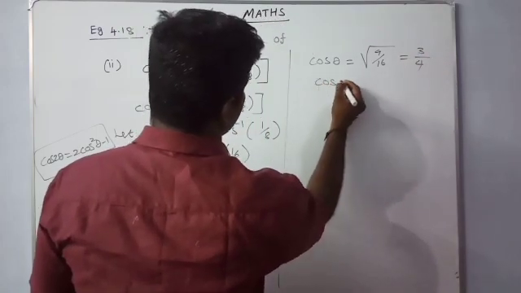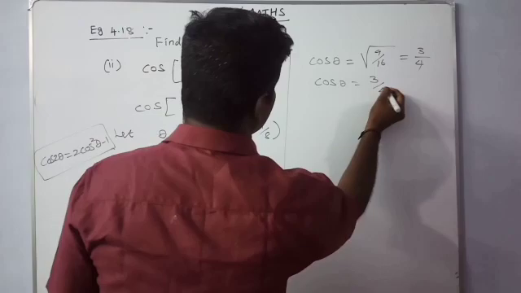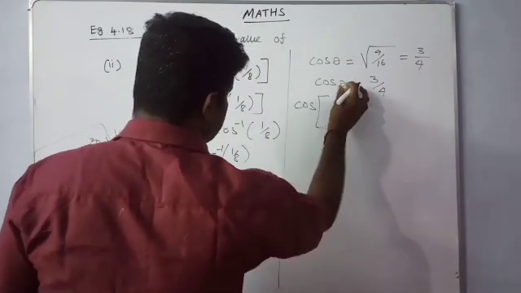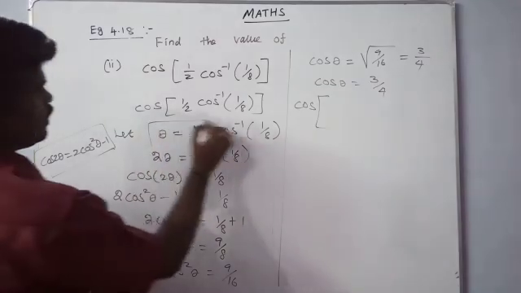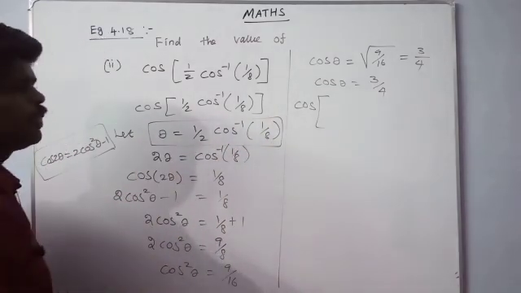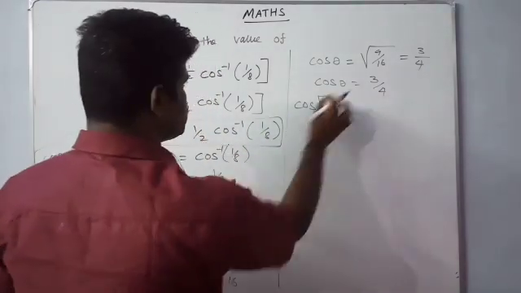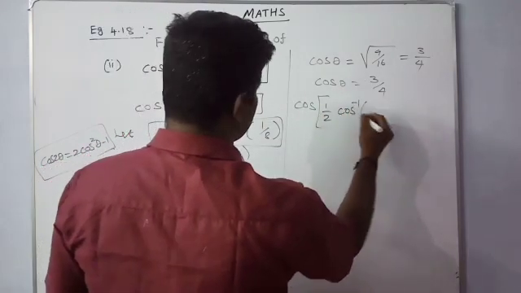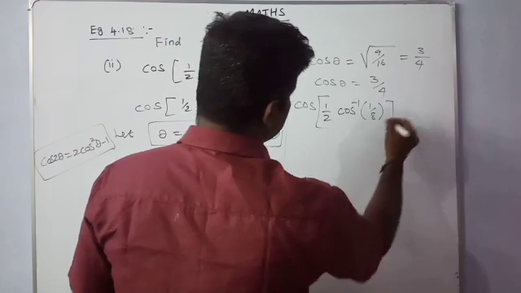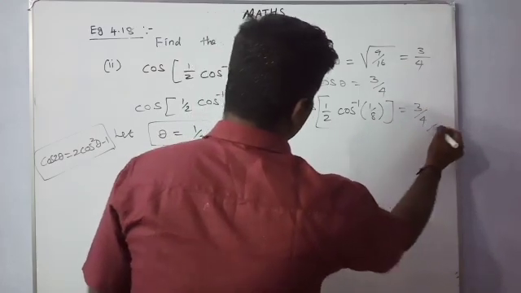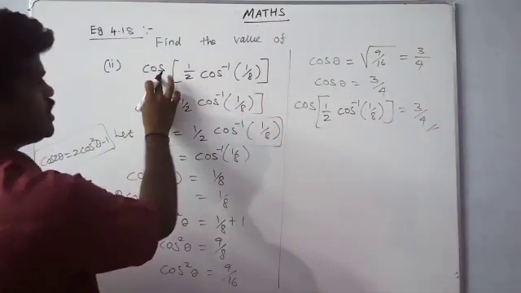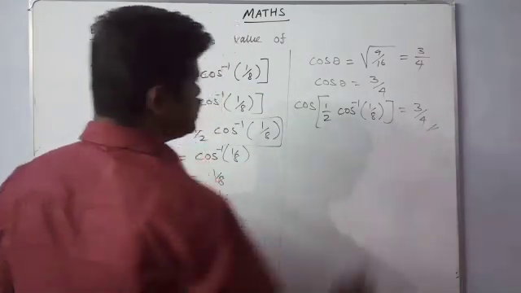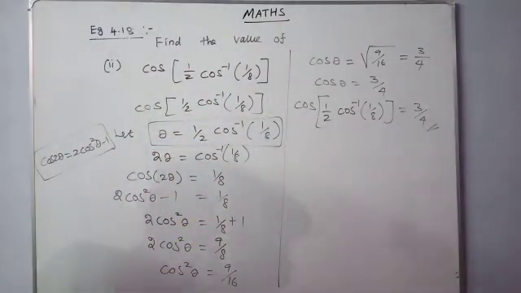Therefore cos theta equal to 3 by 4. Here cos of, what is the value of theta here? This is the theta value. So directly we can write cos of 1 by 2 cos inverse of 1 by 8 is equal to 3 by 4. So this is the value. Refer the sum.